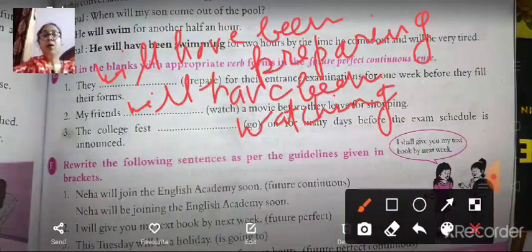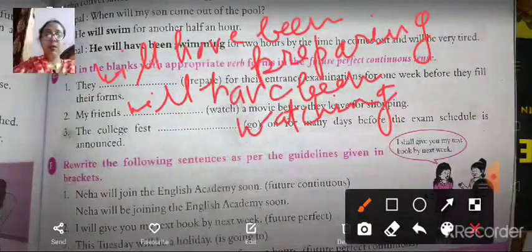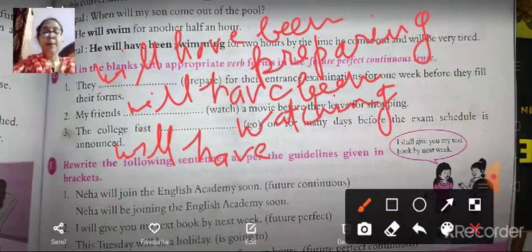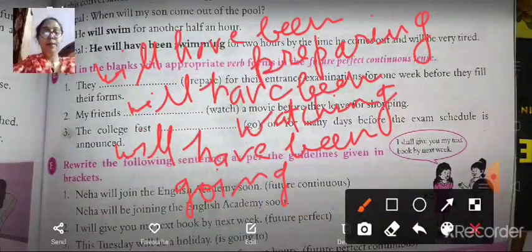Now in third, the college fest dash go for many days before the exam schedule is announced. Here the verb is given in the bracket: go. So we are going to write college fest will have been going.